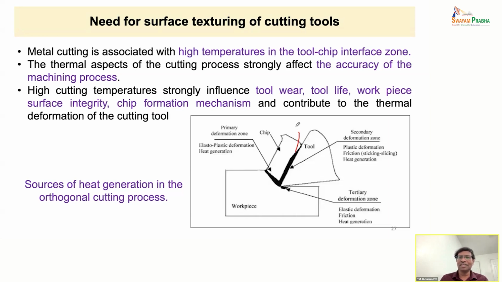Later the chip turns like this and goes away. All these things are important. Because there is shear and contact taking place here, we have the primary deformation zone, secondary deformation zone, and tertiary deformation zone.